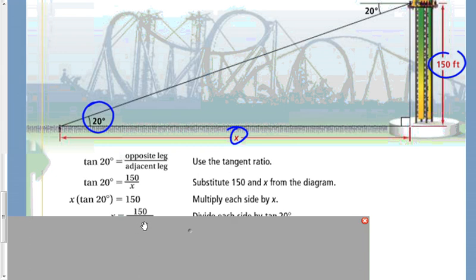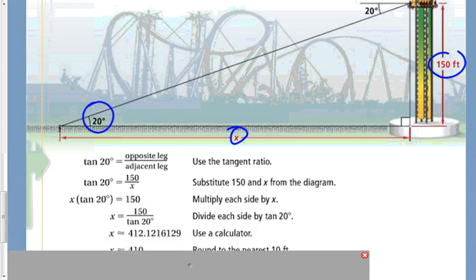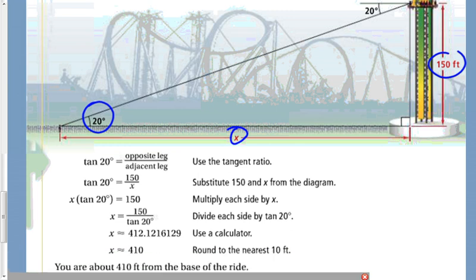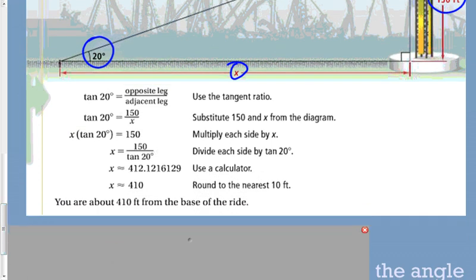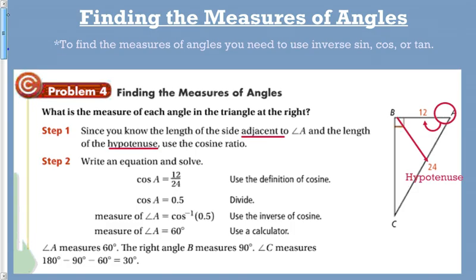Multiply both sides by x, and then divide by tangent of 20, and you get 412 feet. So x would be 412, or about 410 feet. So that's a real applicable problem using trig ratios and angles of elevation or depression.